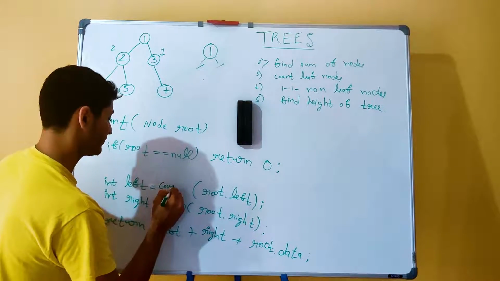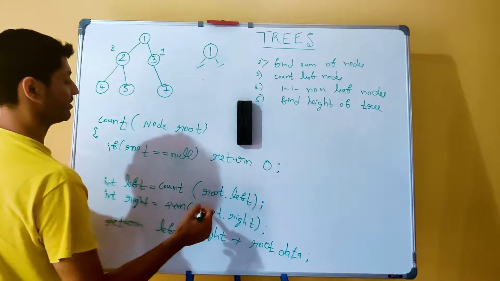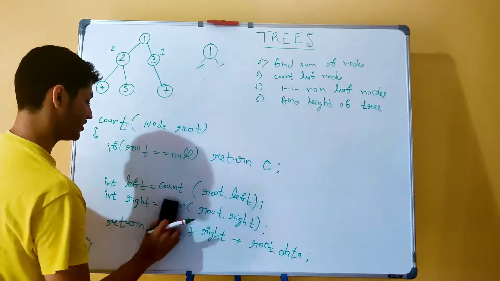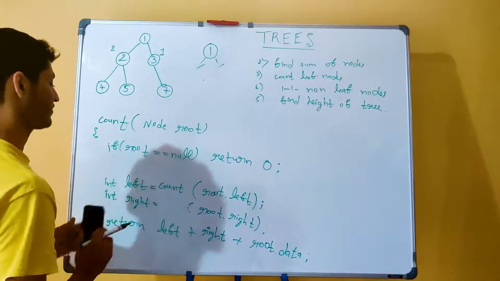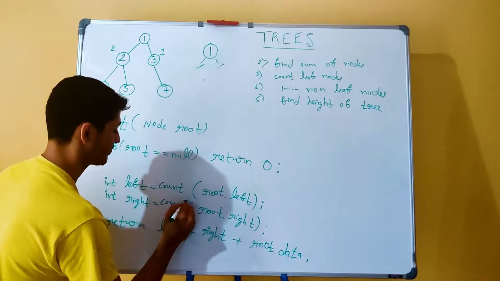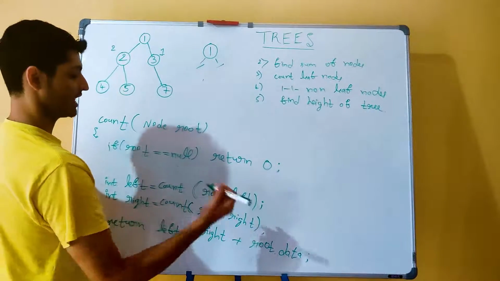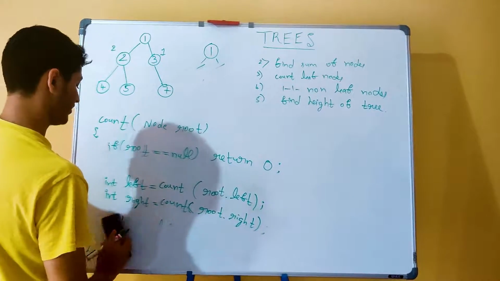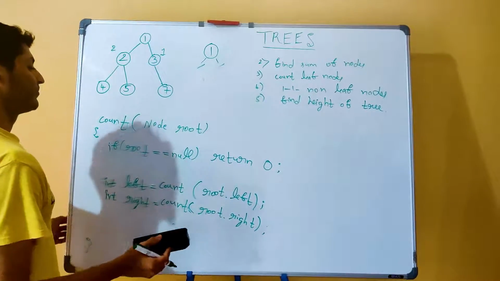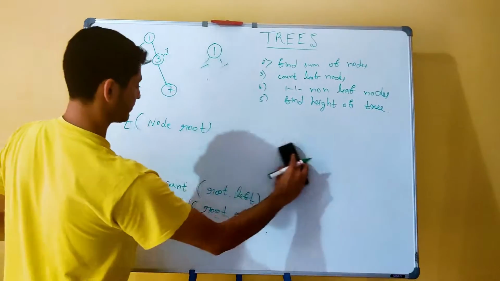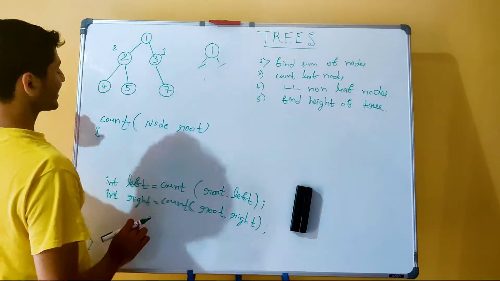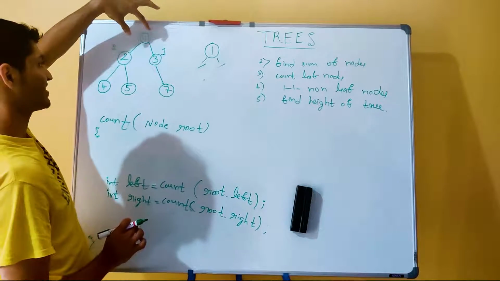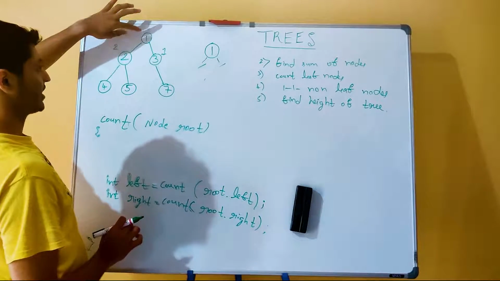That is, count the number of leaf nodes in the left subtree and count the leaf nodes in the right subtree. Now, how do you relate it with the current node? Okay, let's erase this base case. How do we relate it with the current node? You know that the current node has at least one child.